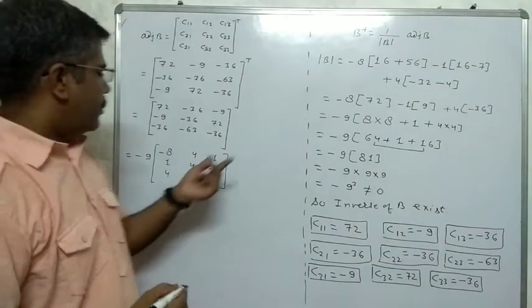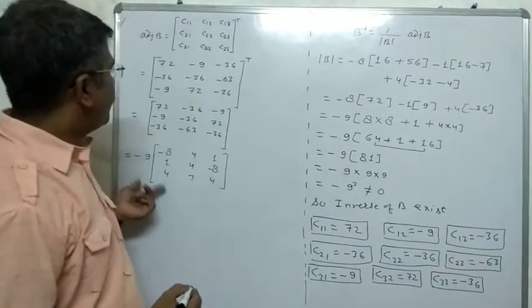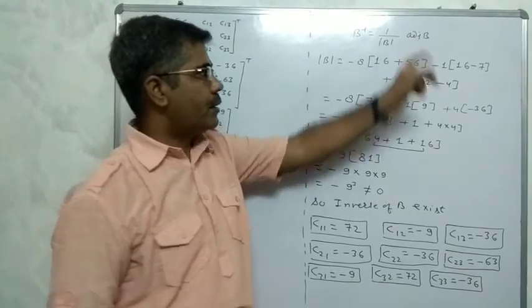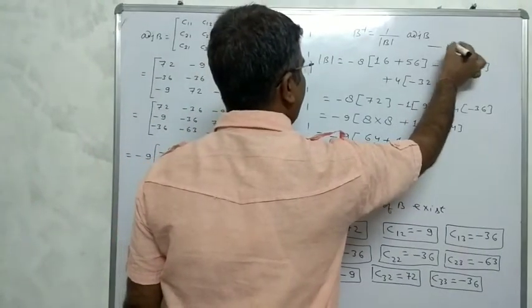We put the value of adjoint of B here in equation number first.